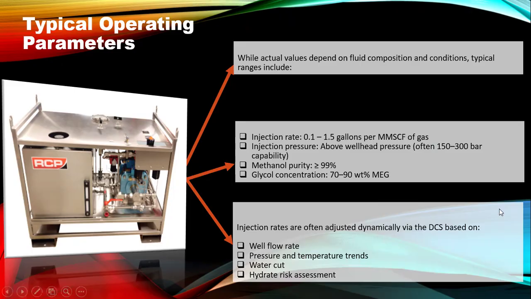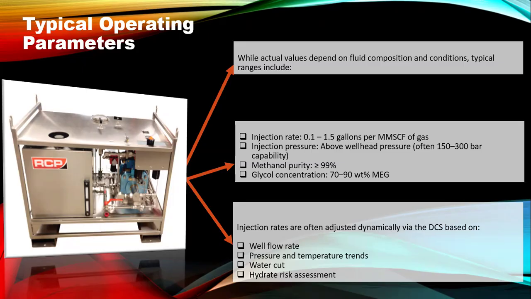All right, so in terms of the flow rates, the injection rate is about 0.1 to 1.5 gallons per MMscf of gas. So this is talking about the amount of gas in the line. Now, for you to inject it, you need to confirm the amount of gas in the line, and then know the rate at which you inject your methanol.